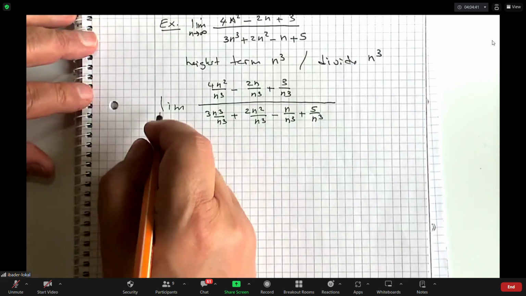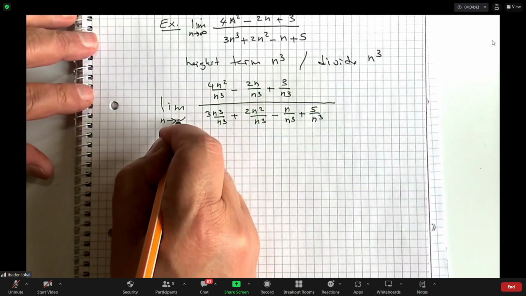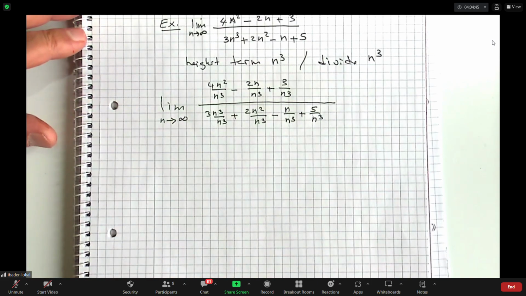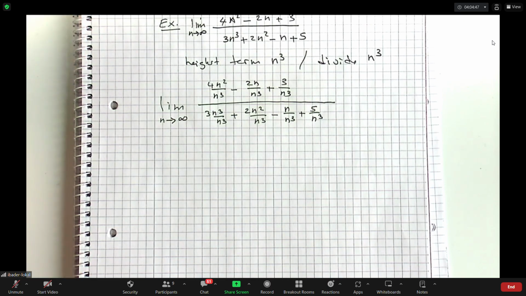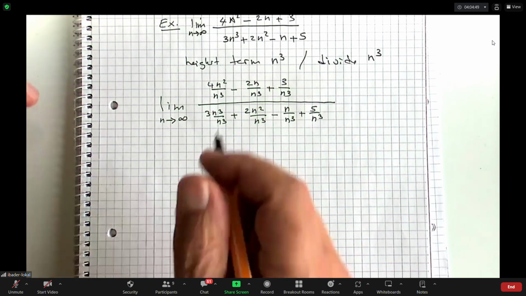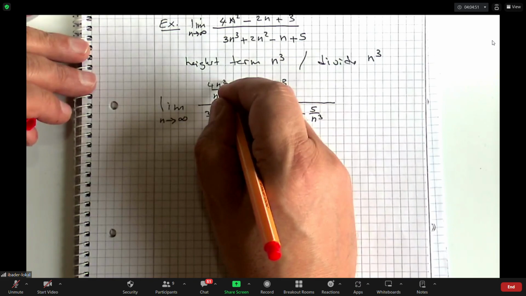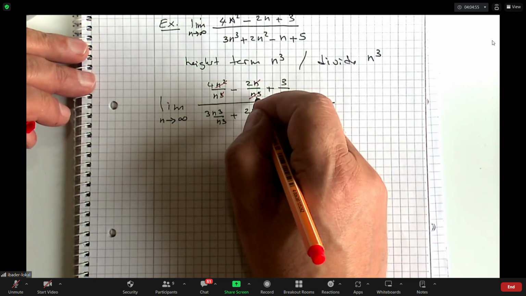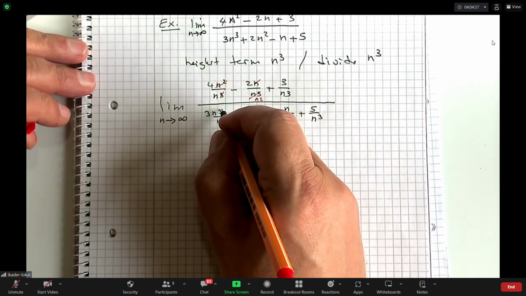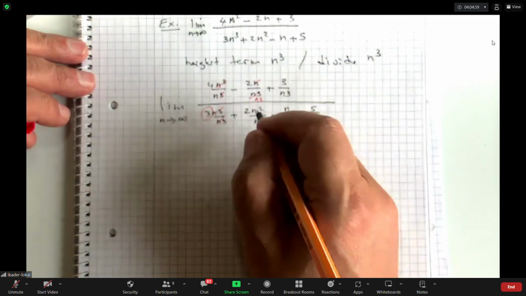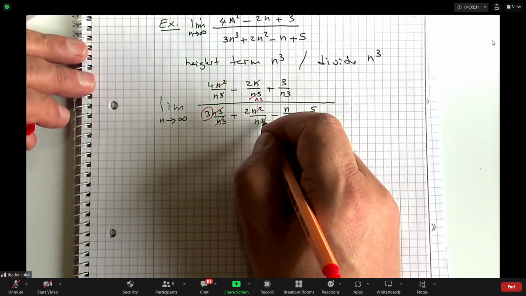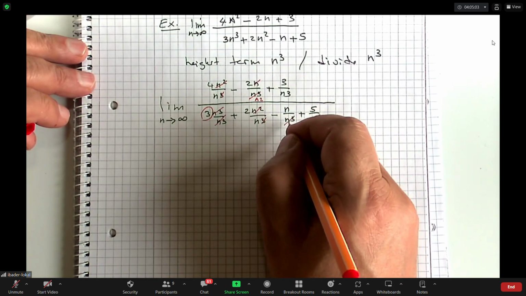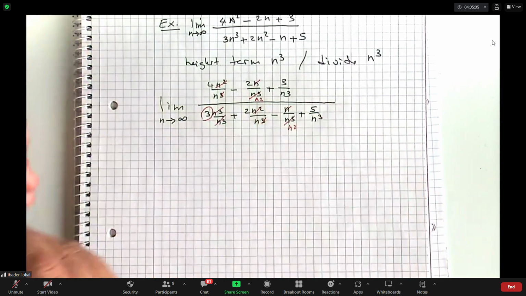And this is, of course, as n approaches infinity. Okay? Now, let's see. Here we end up with 4 over n, this one n squared, this one we have just 3, this one n, this one n squared.